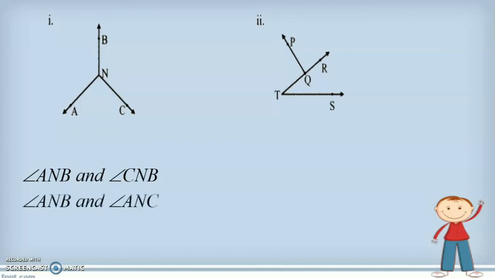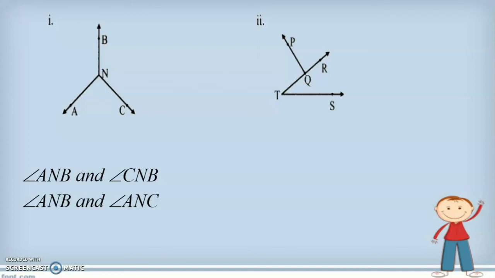Second pair of adjacent angles are angle ANB and angle ANC, which has AN as common arm, N as the common vertex, and angle ANB and angle ANC have separate interiors.